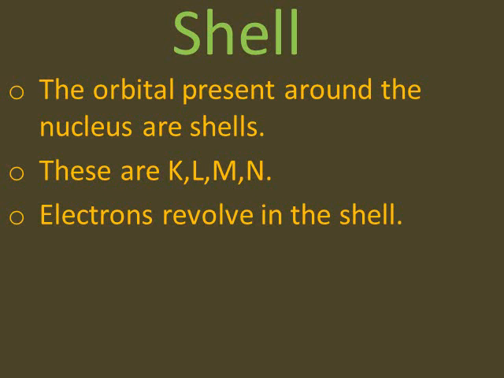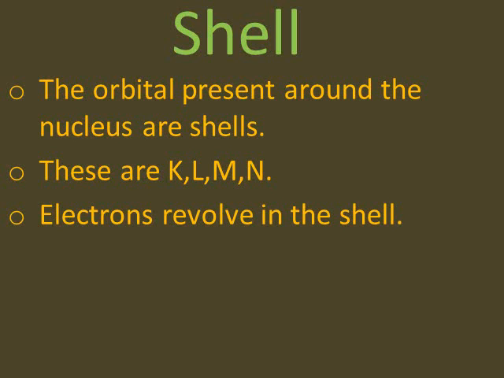Now before starting hybridization, it's necessary to know about these little concepts: what is a shell, what are subshells. So let's start with the shell. The orbitals present around the nucleus are called shells. Now we know that an atom is made up of electrons, protons and neutrons.